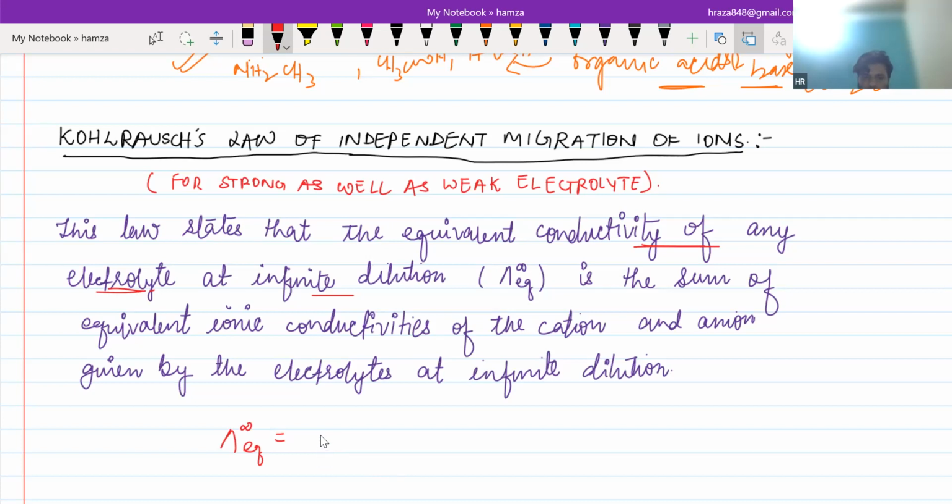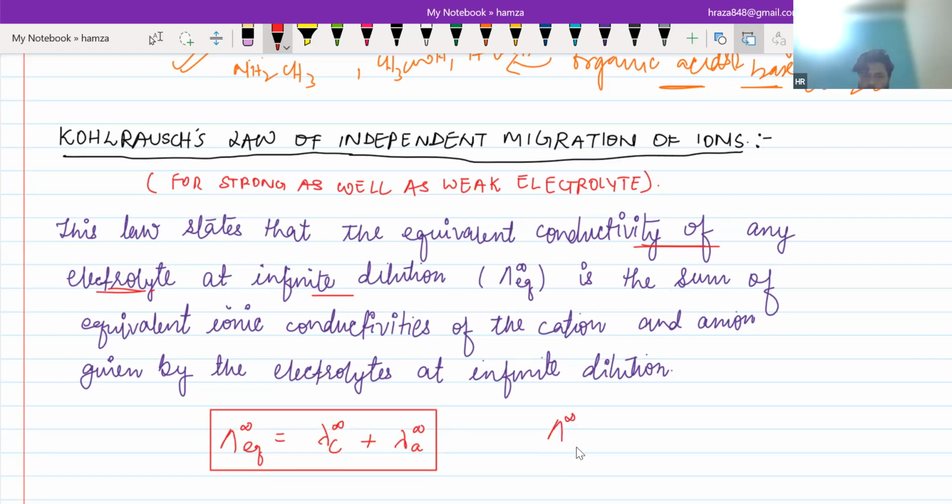That means if it is made up of a cation and anion, it will be the sum of the cation plus the anion. If you don't get it, I'm going to take an example.